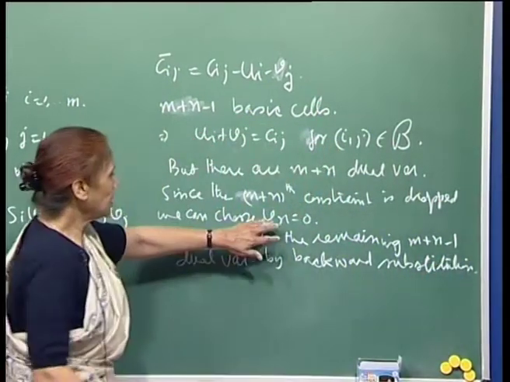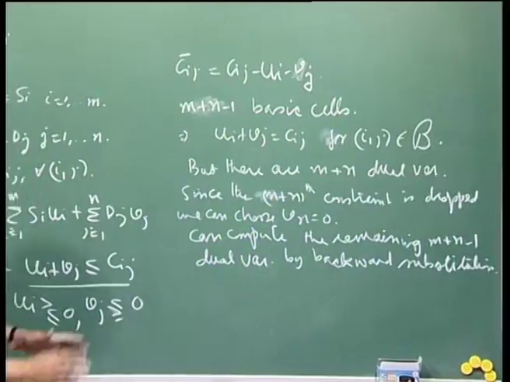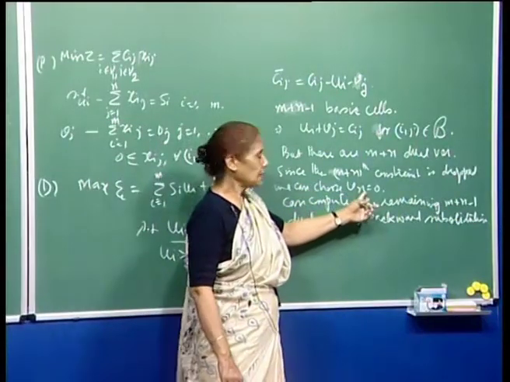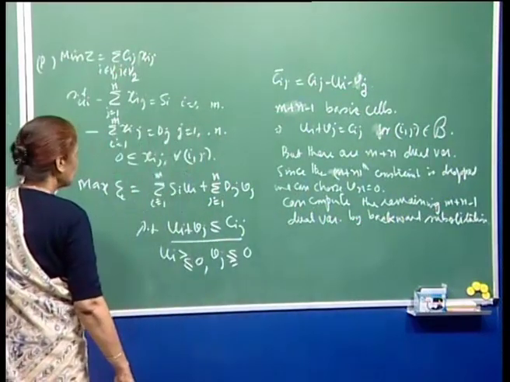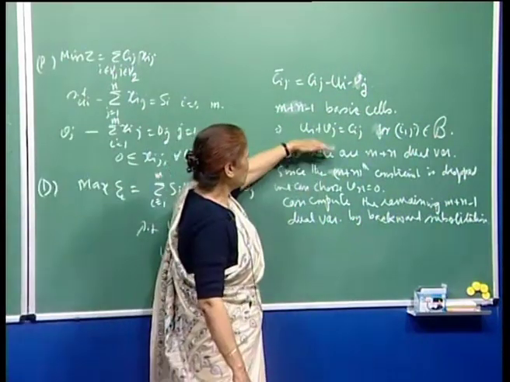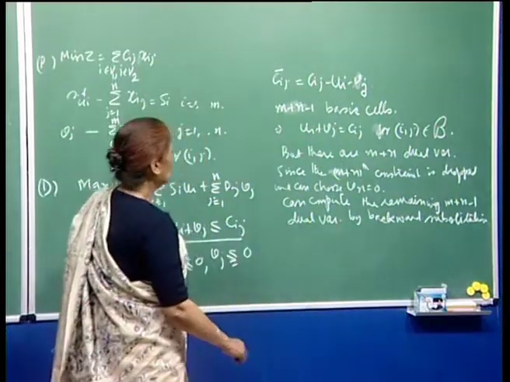Since v n is 0, you can immediately compute the u i's corresponding to v n, because there will be cells present in the last row, and then you can go on by backward substitution to compute the others.